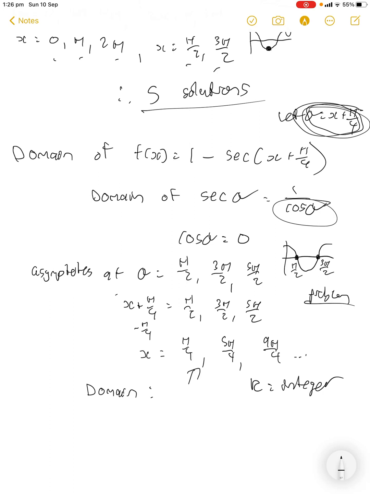That rule is going to end up being like what it says, 4k plus 1 pi over 4. Because if I put 1 in there, I'm going to get 4 plus 1, 5. If I put 0 in there, 0 plus 1 pi on 4. Negative 1 would go backwards. So that is what it ends up being. That ends up being my rule for the domain of what we've got, because this right here is essentially what we can't have.